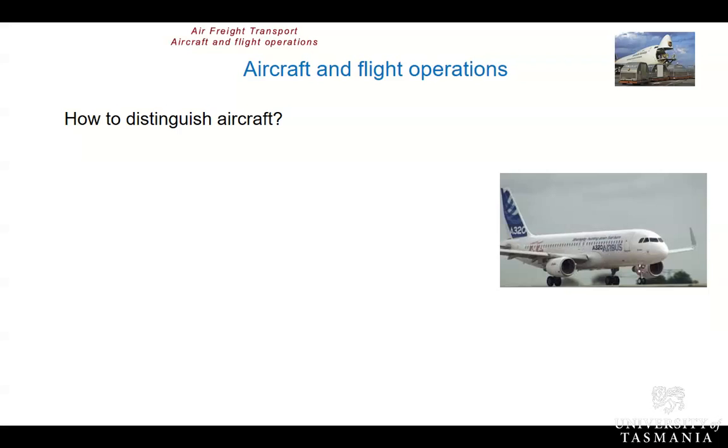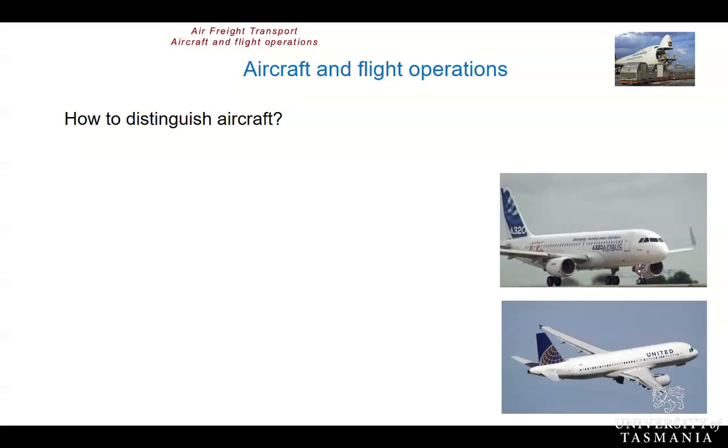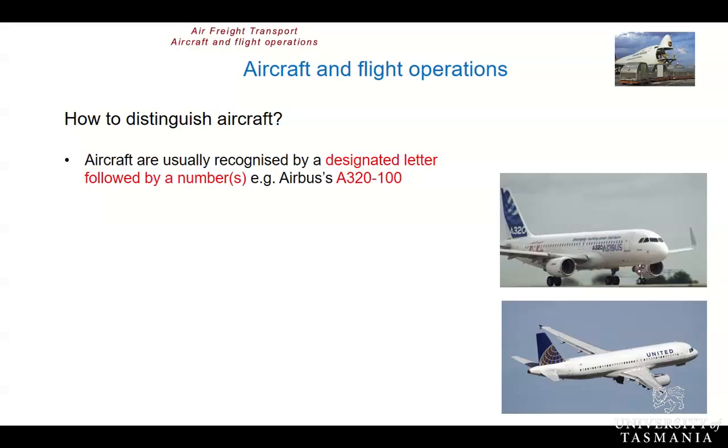It's an Airbus and it's got a code A320. So that's one way you could do it, and that might mean something or it might not. Alternatively, you could see a similar aircraft with no coding down the side, and you probably would be none the wiser in regards to what that aircraft was.